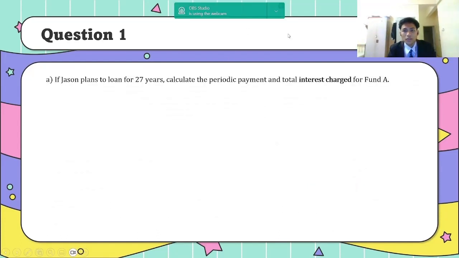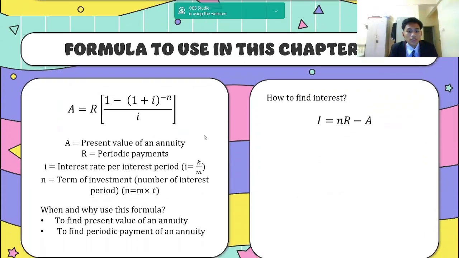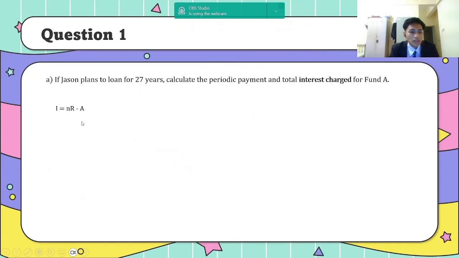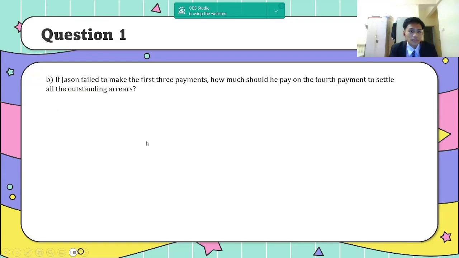After that, we need to find the interest charge for fund A. The formula we need to use is I equals N multiplied by R minus A. Just list out, and we got the answer, that is 3,028,525.16 ringgit.